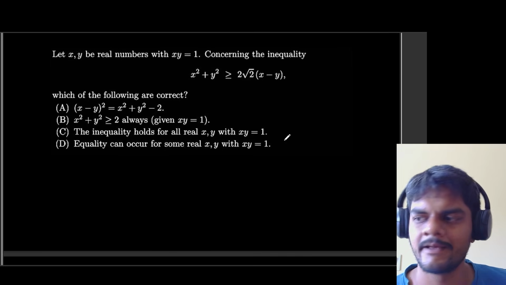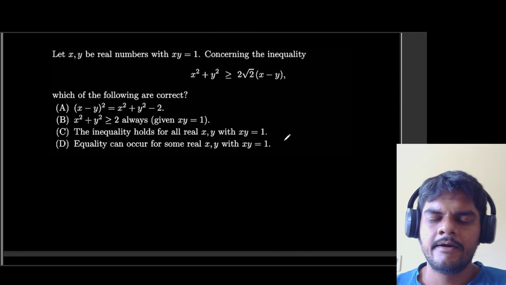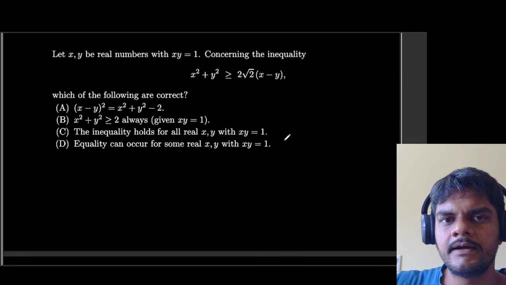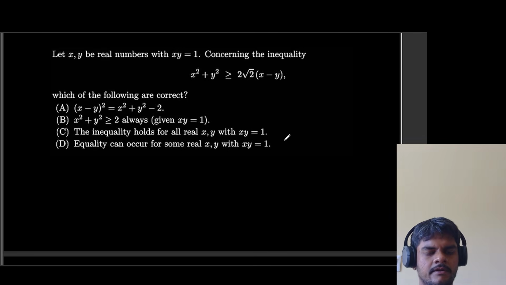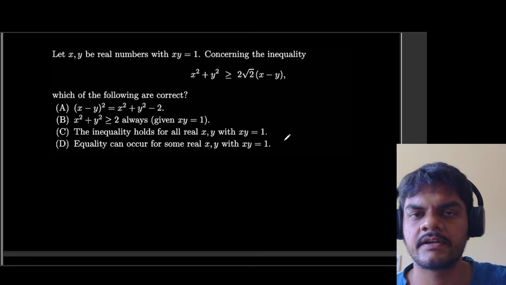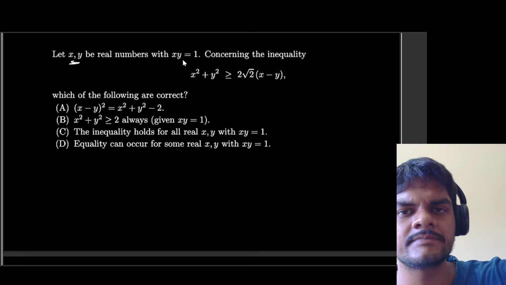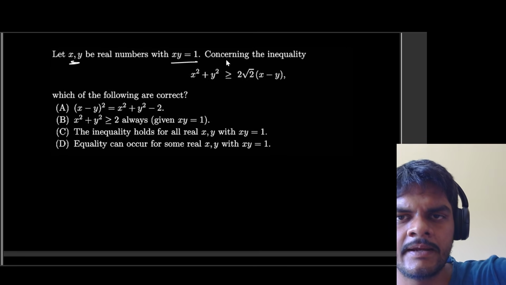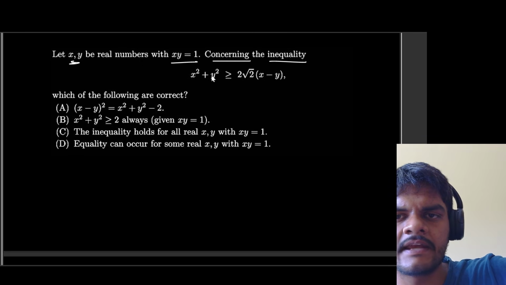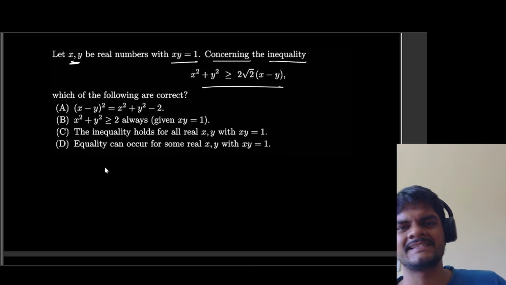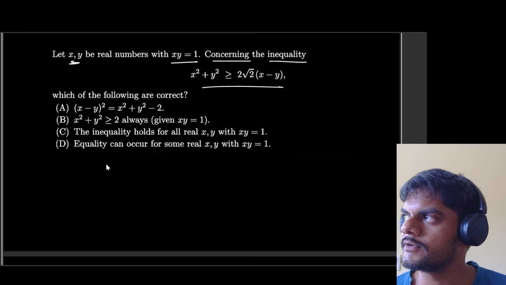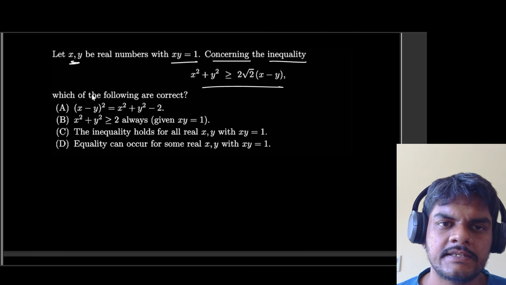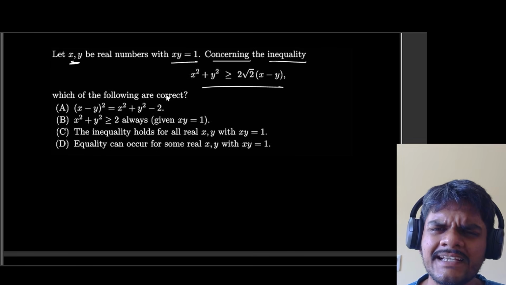All right. So again, this is another multi-correct question. Look at this. In this question, we are given x and y are real numbers with xy equal to 1. Concerning the inequality, this is just concerning when is this inequality correct or not. You just have to figure it out. Think about it. I think it is very obvious that first option is correct.